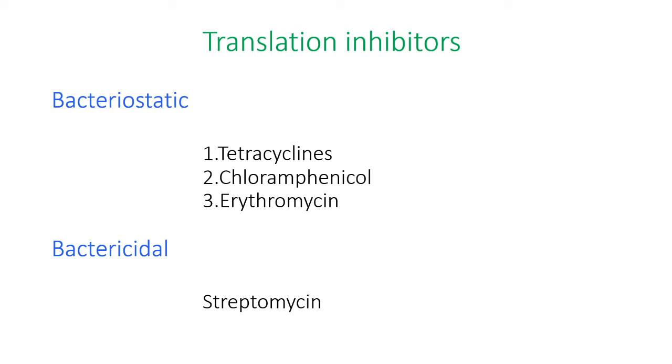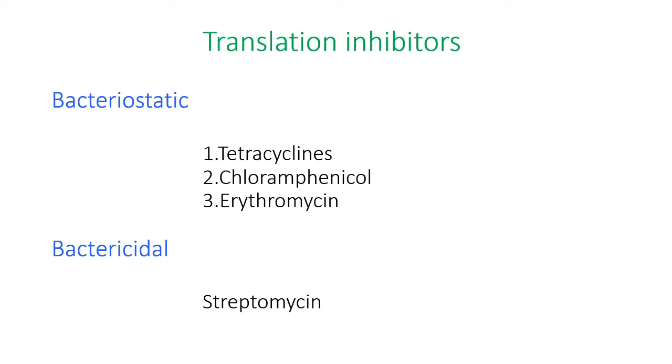Anyway, bacteriostatic, that is inhibitors which cause stoppage of growth of a bacteria. They don't kill the bacteria as such. And bactericidal, that is inhibitors which kill the bacteria. So bacteriostatic, like tetracyclines.